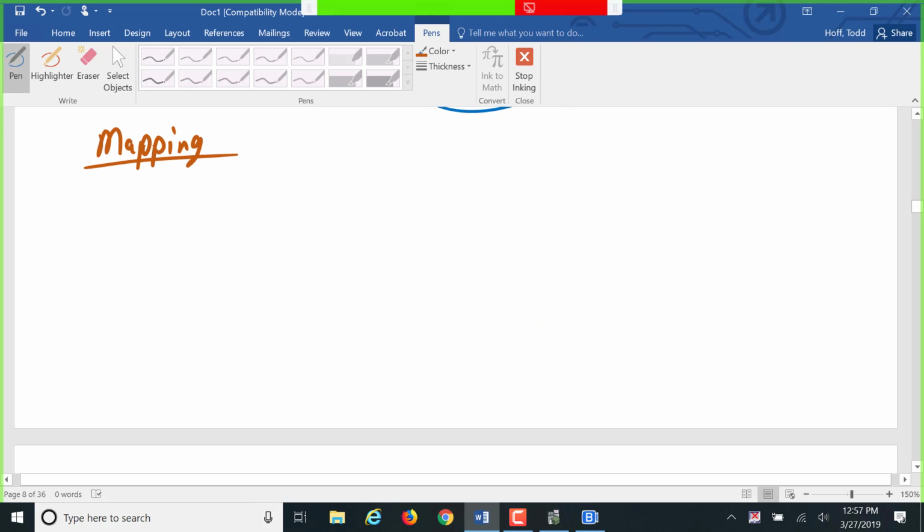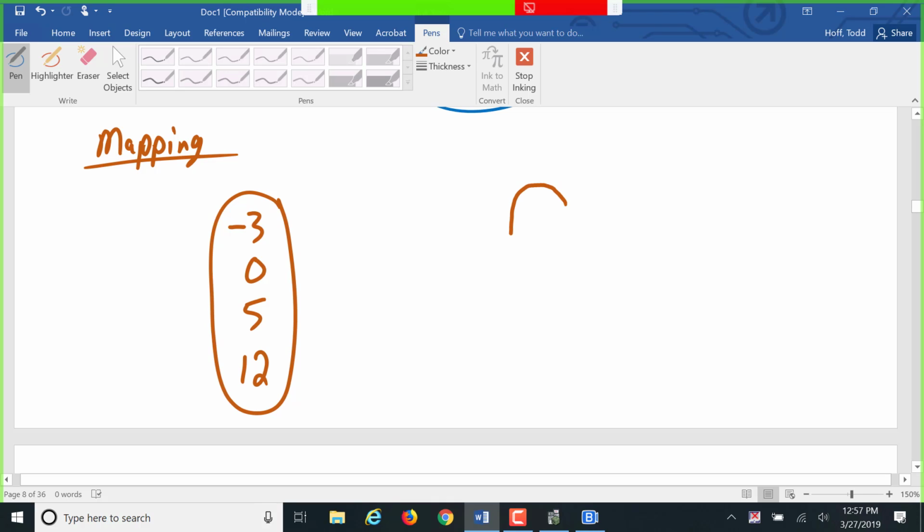A mapping just takes a list of all numbers that we can start out with, that first set of numbers. Let's just put numbers in here. Maybe it's negative 3, 0, 5, 12. That's our first set of numbers. Let's take our second set of numbers.